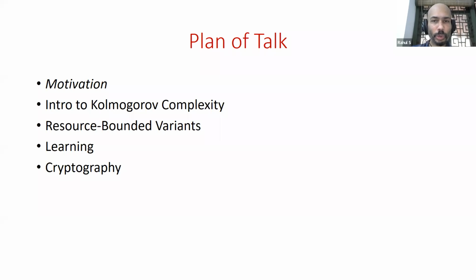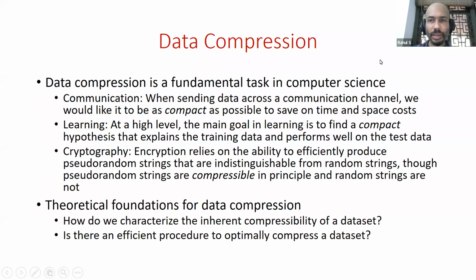Okay, so first of all, the motivation. What's the motivation? We're interested in data compression. Data compression is obviously a fundamental task in computer science, and it's important from many different points of view.